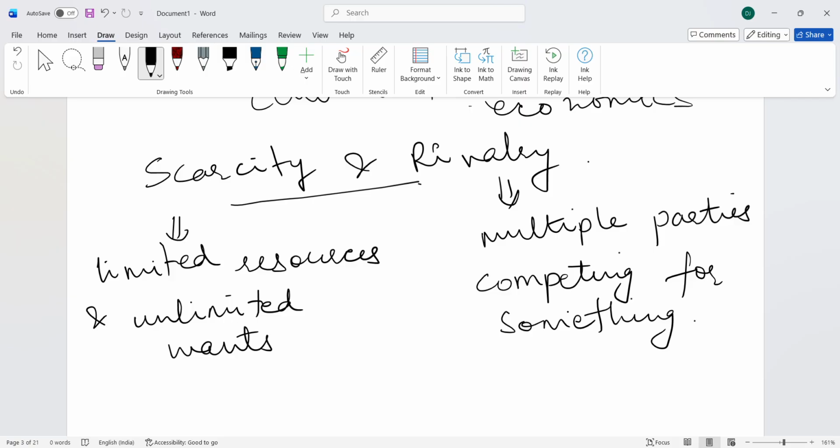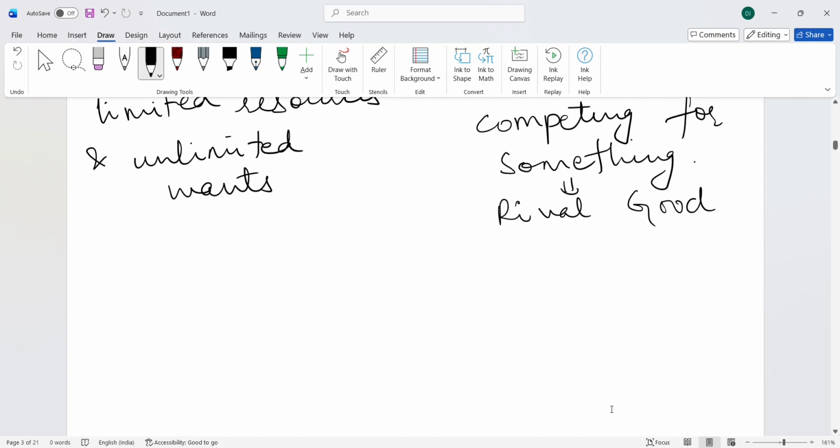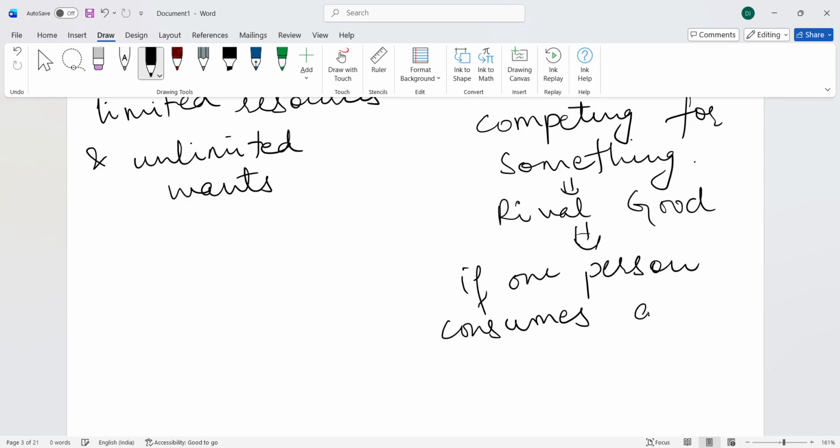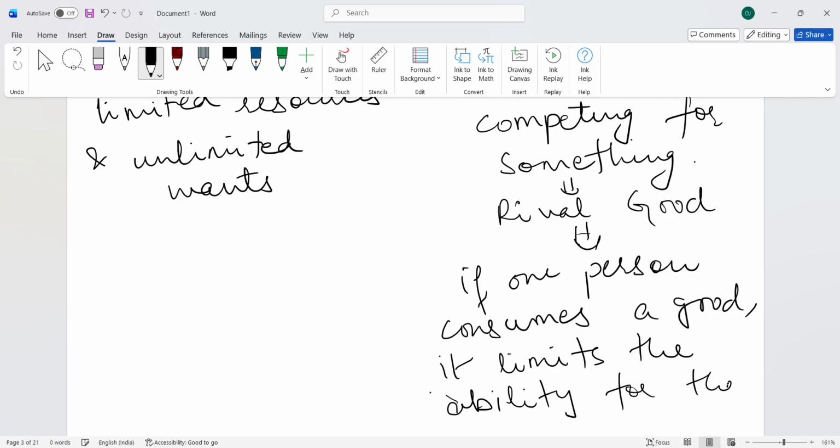So a rival good is a good that if one person consumes it, it limits the ability of others to use it simultaneously.